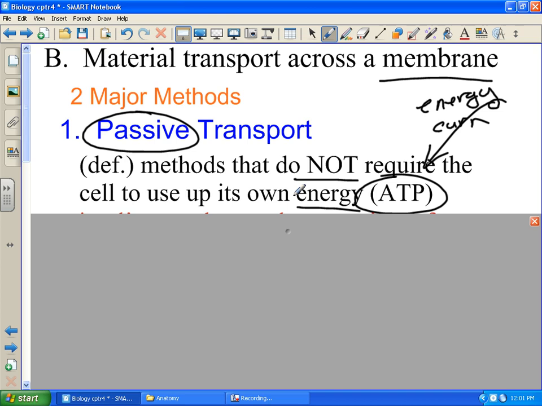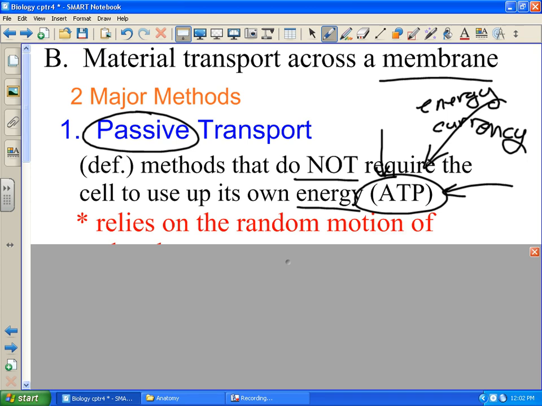Sometimes called the energy currency, which is kind of like money. In order for you to be able to do anything, you pretty much have to have money. Cells are much the same way. In order to do anything, it has to have ATP.